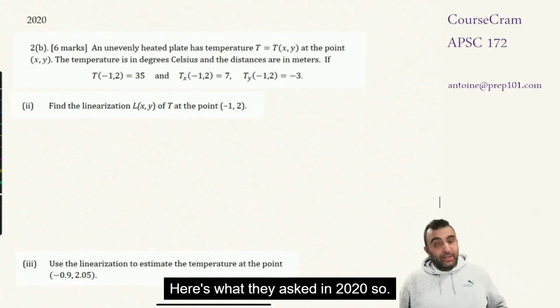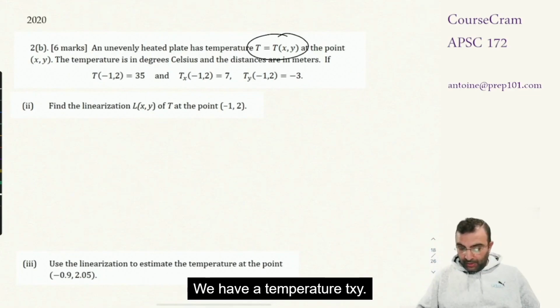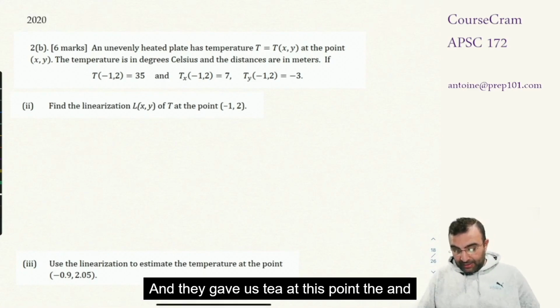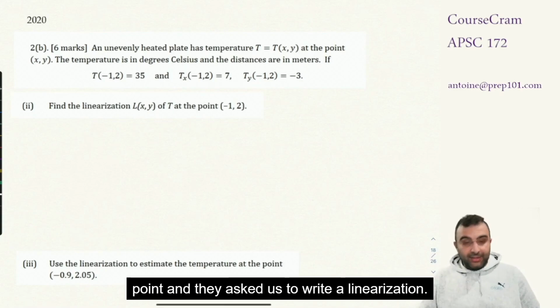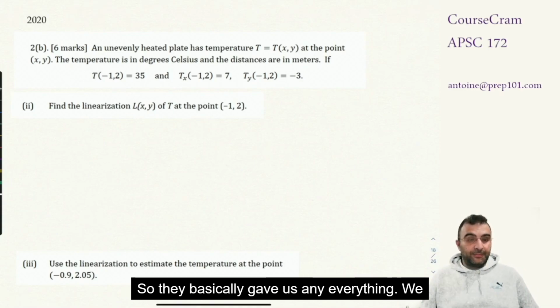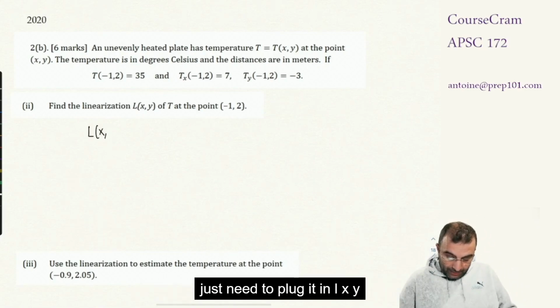Here's what they asked in 2020. So we have a temperature T(x,y), and they gave us T at this point, and they gave us the gradient, T sub x and T sub y, at that point, and they asked us to write a linearization. So they basically gave us everything. We just need to plug it in.